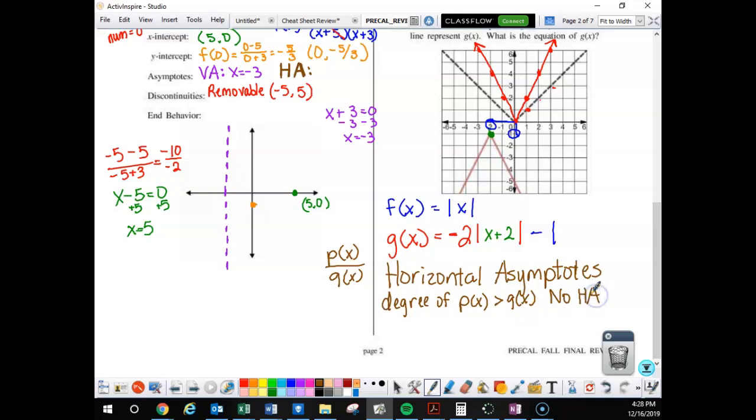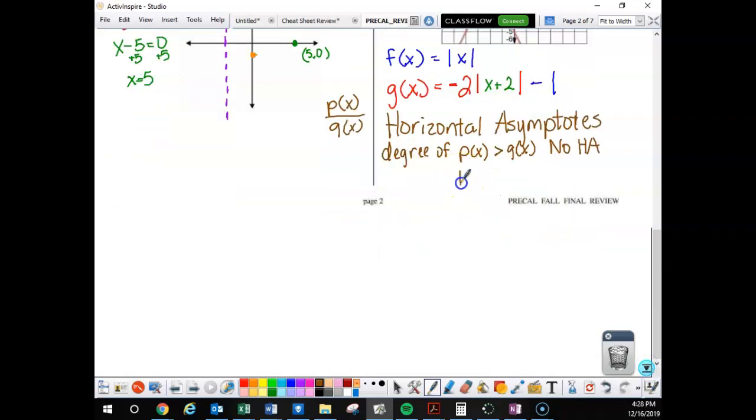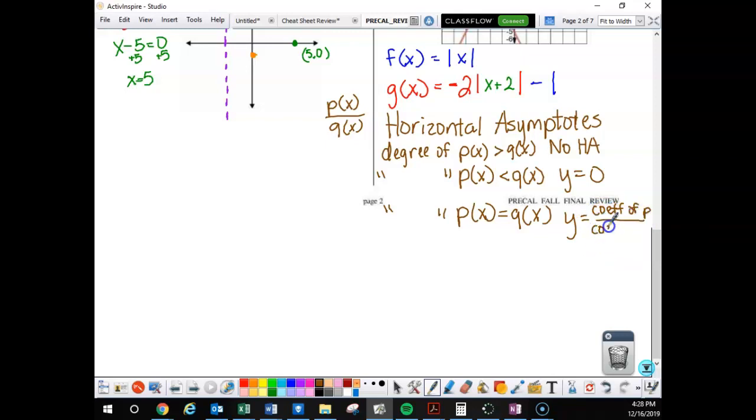That's whenever you have the slant asymptote and you have to do the long division. If the degree of p of x is less than the degree of q of x, then y equals 0. And if the degrees are equal, then y is equal to the coefficient of p over the coefficient of q.